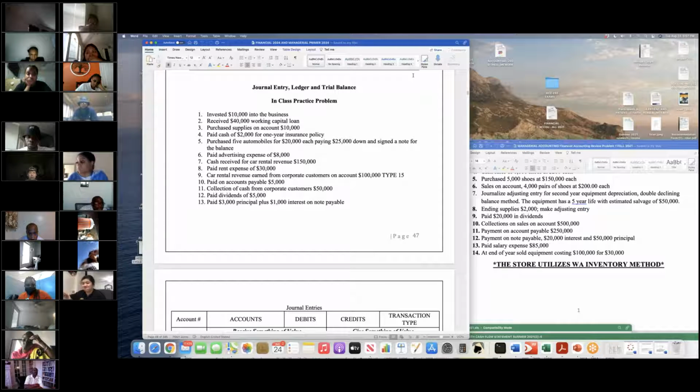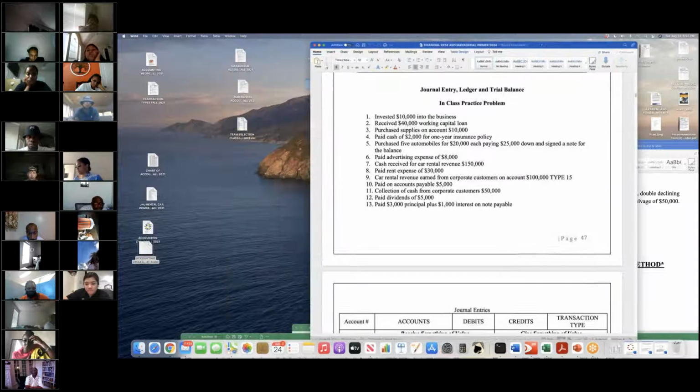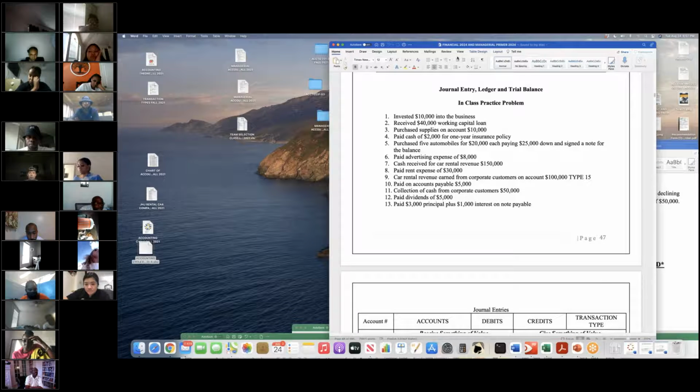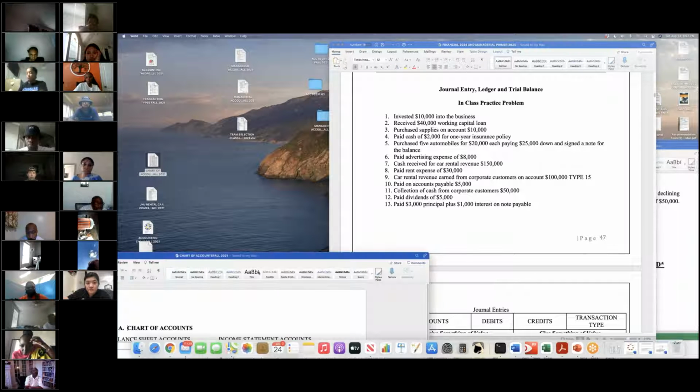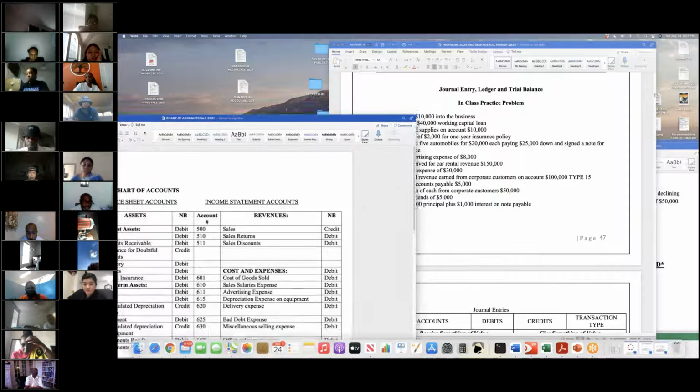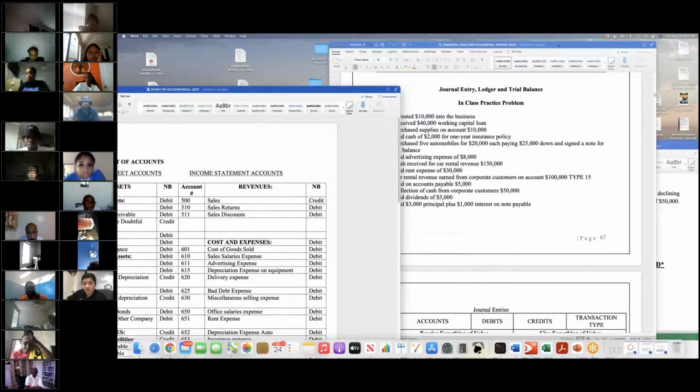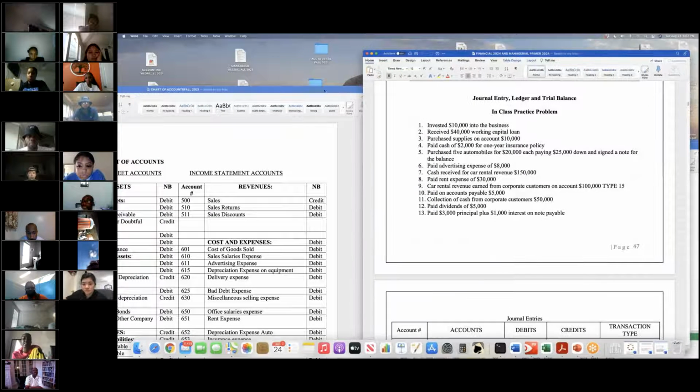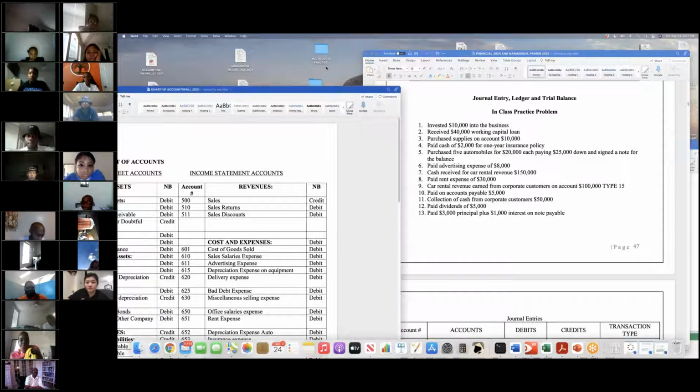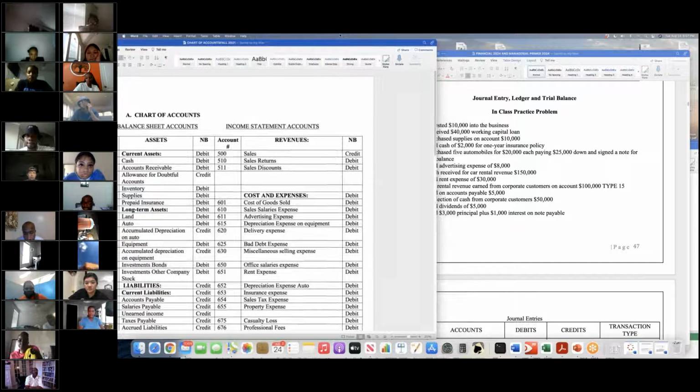So let me see who can make these first 3 journal entries. So here are these. Here's your chart of accounts here.